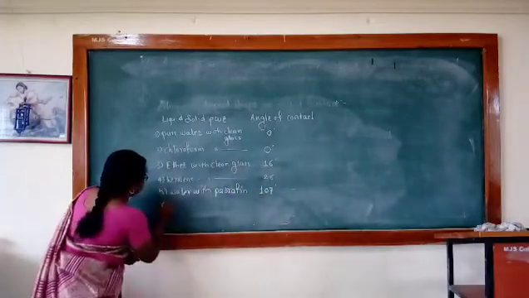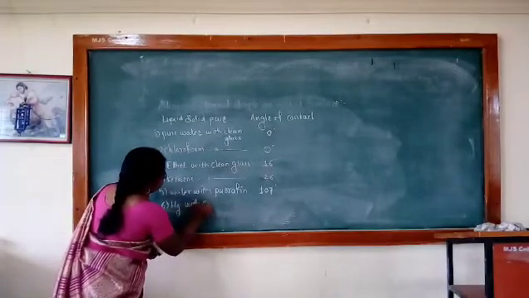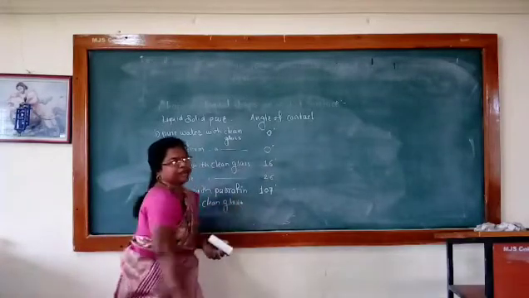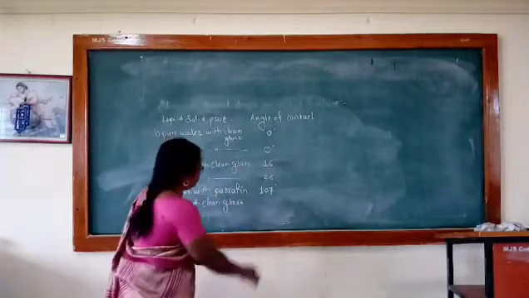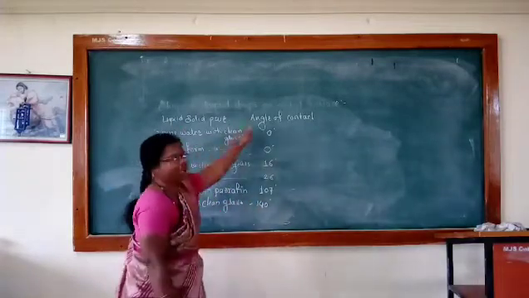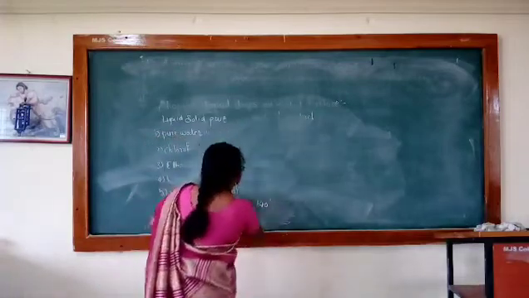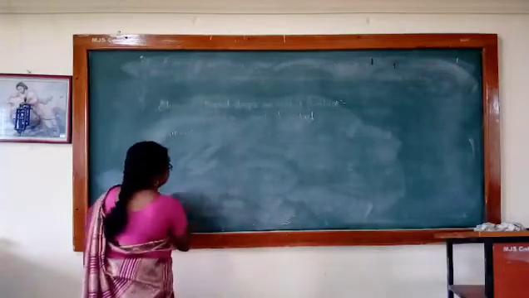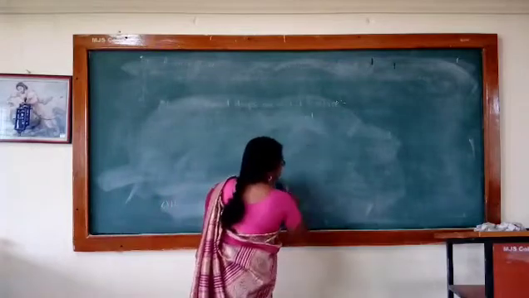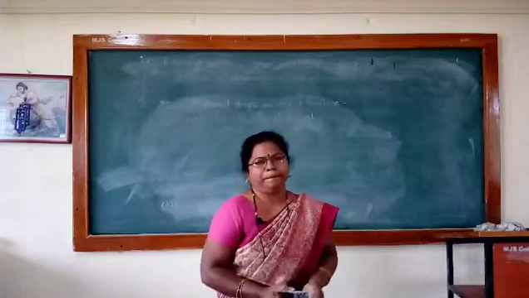Then mercury with clean glass, it is equal to 140 degrees. So this is liquid-solid pair and angle of contact. That means the shape of a liquid drop depends on the angle of contact and that liquid-solid pair.